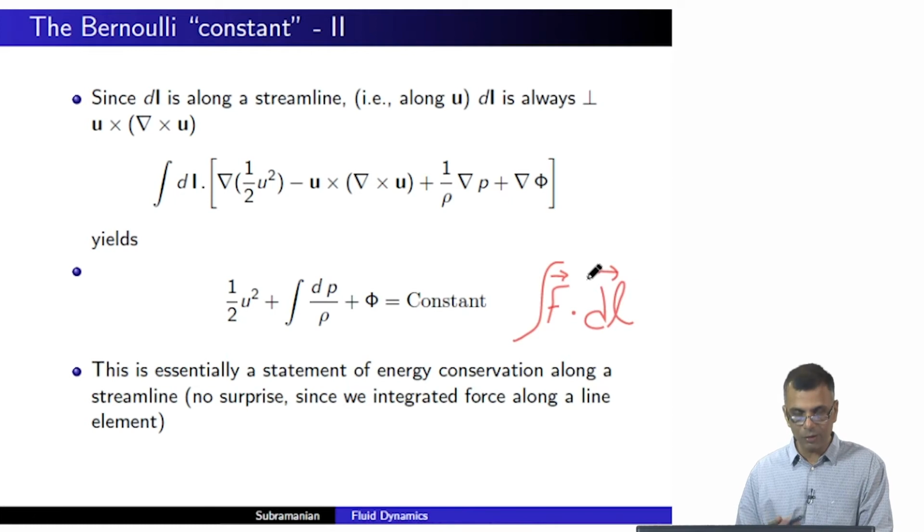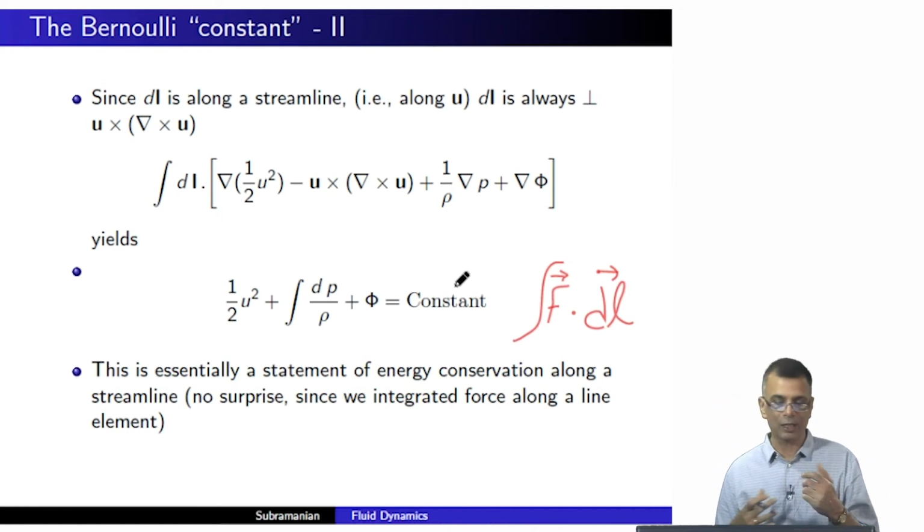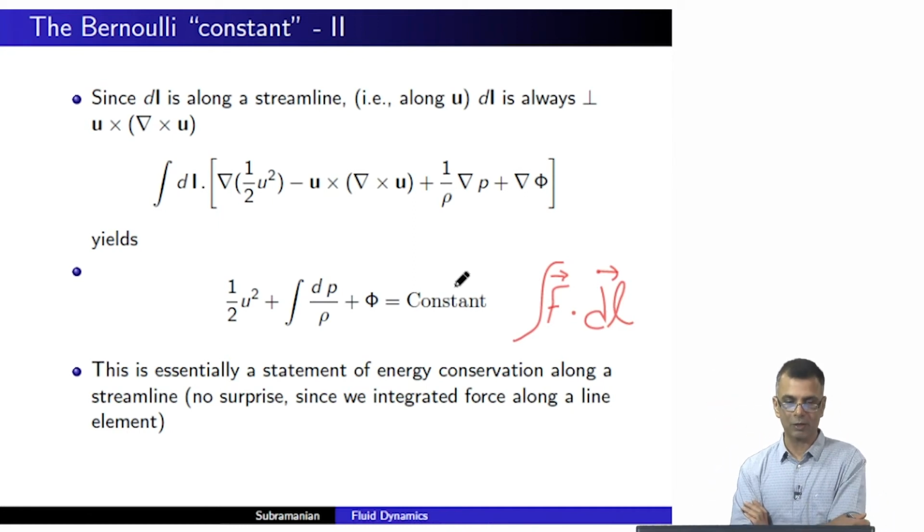You integrate force along distance, you get work, and that's it. So it's no surprise that we get a quantity with the units of energy, the energy per unit mass to be precise. But the remarkable thing is that the energy turns out to be a constant, and this is called the Bernoulli constant. This is yet another label for a streamline. The stream function was one, and this is another very important label from a practical point of view.